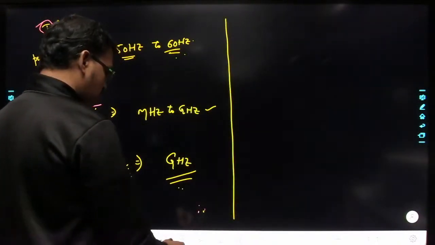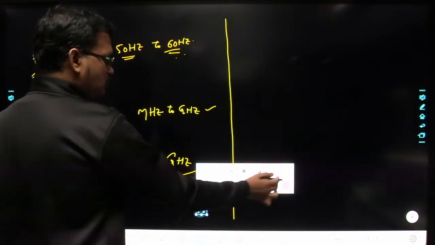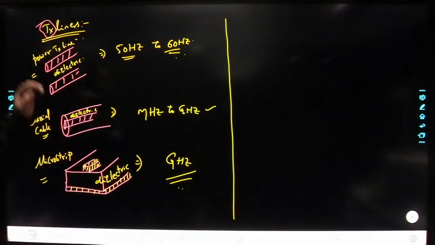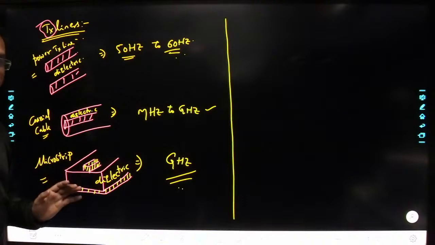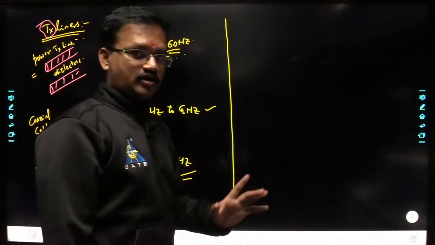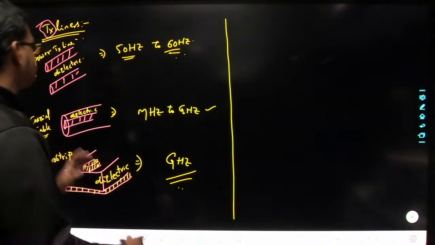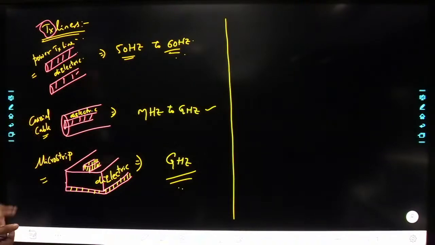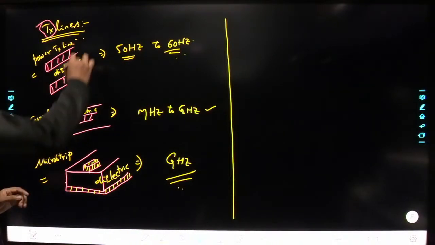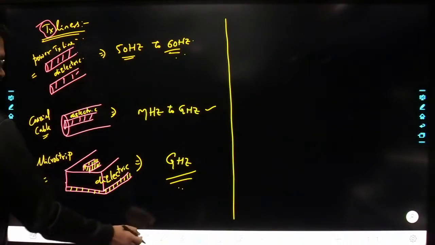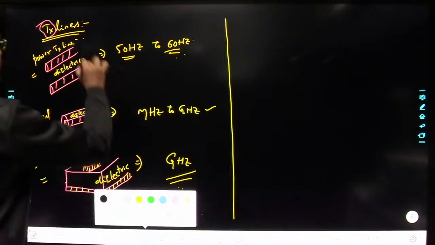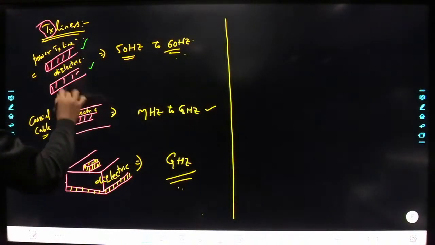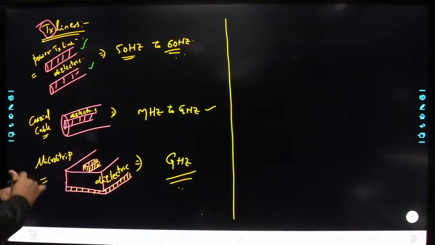We are not going to study any particular type of transmission line. We are going to study transmission lines in general. If you observe all the transmission lines, what is the common characteristic? In the power transmission line you have a conductor, separated by some dielectric medium.